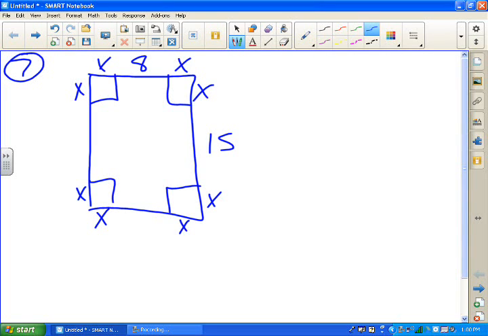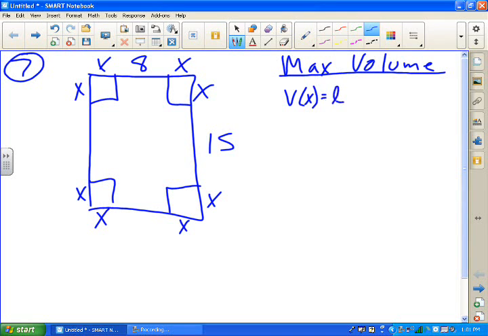Alright, and so now to find the volume of this box and to optimize it, I need to start with the formula for volume. So to find the maximum volume, the first thing I need to do is start with the formula that would actually calculate the volume based on this approach. So I want to write this in terms of x, and remember that it's going to be length times width times height.